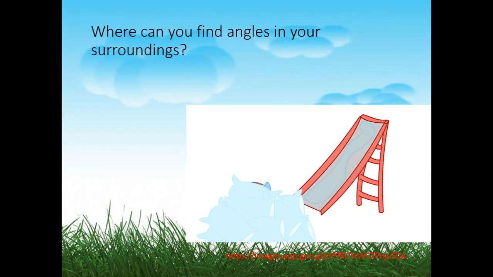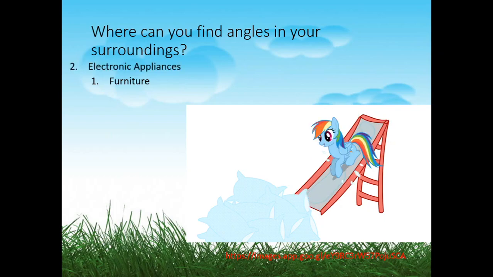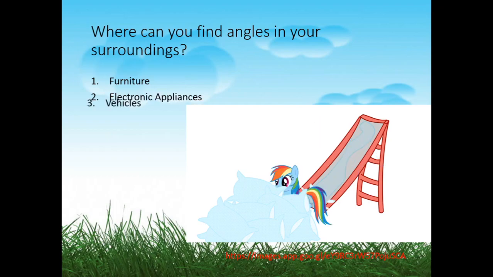So we can say that we can see angles in our surroundings in furniture, electronic appliances, vehicles, and playground.